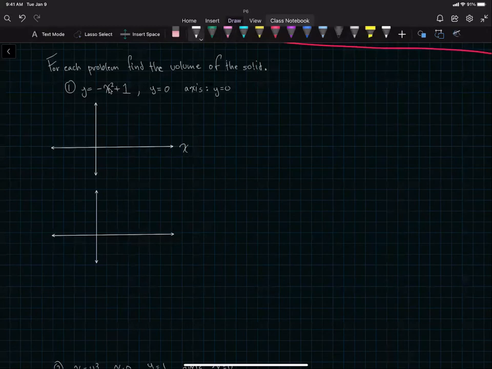If you don't have this, please make a quick x and y. I'm going to use 2 squares for this one. This is 1 and this is negative 1. And then it says y equal to 0. Well, first of all, let's go ahead and sketch this.